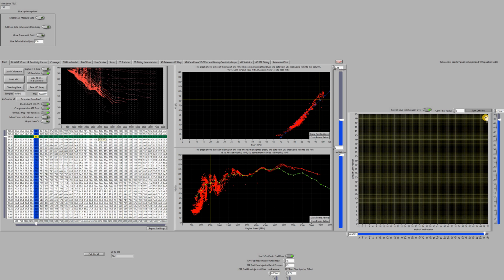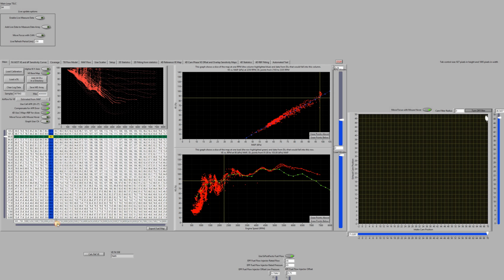Because, for instance, you can see this is probably a good point here. There's a tuning effect that you can't compensate out with the three map model, or you can't compensate well.